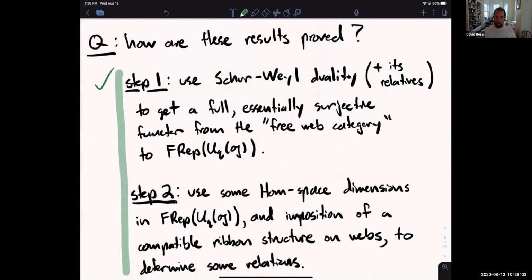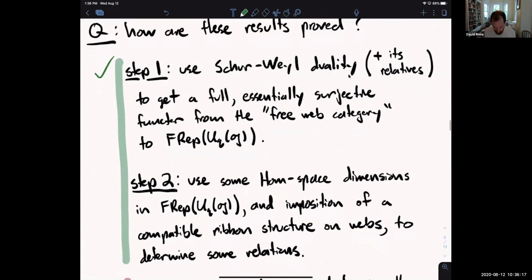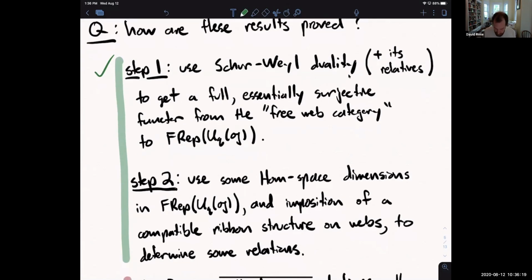And then you just hit this thing over the head with some results that say we know certain groups or certain algebras surject onto certain Hom spaces. That gets the ball rolling. Then you want to find the relations. That leads you to step 2, where you look at some Hom spaces for small numbers of tensor products of generators.